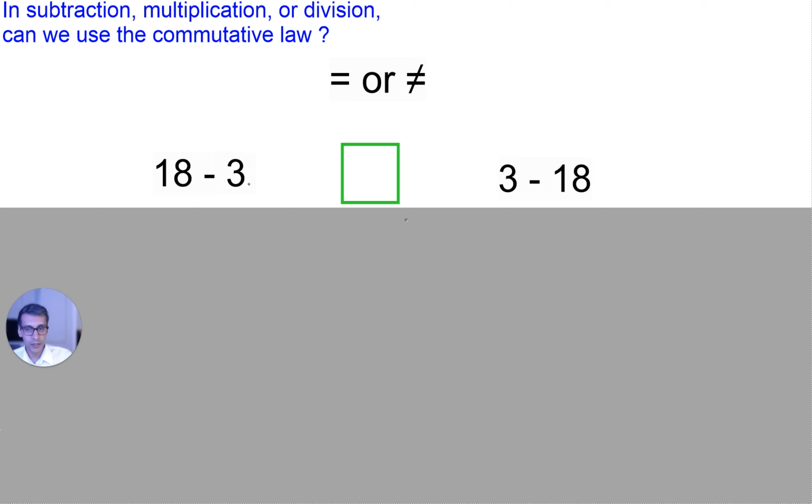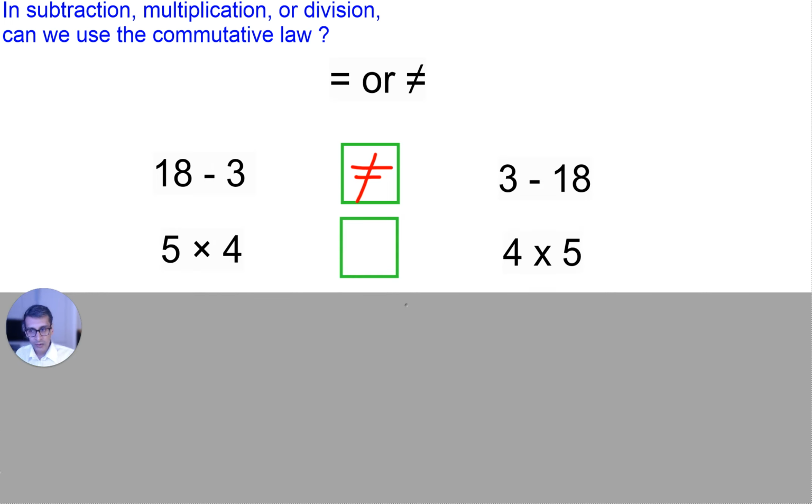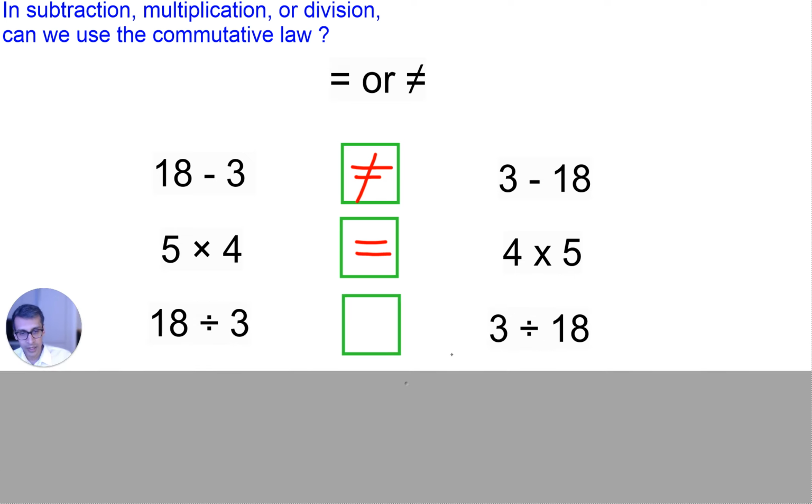Okay, so 18 minus 3 and 3 minus 18, we know that they're not going to be equal to each other. 5 times 4 and 4 times 5, coincidentally the example I just used, so yeah, we know that this is going to be true because the commutative law does apply for multiplication. And then 18 divided by 3 and 3 divided by 18, they're not going to give you the same answer because the commutative law does not apply for division.